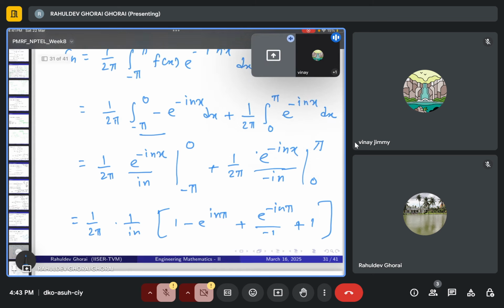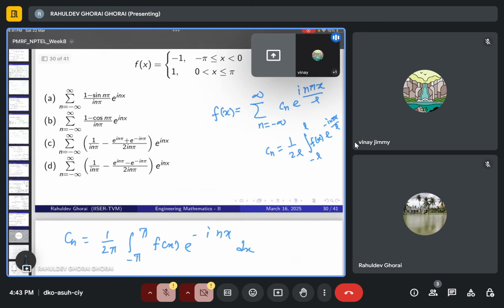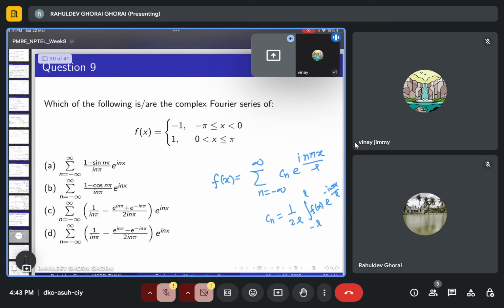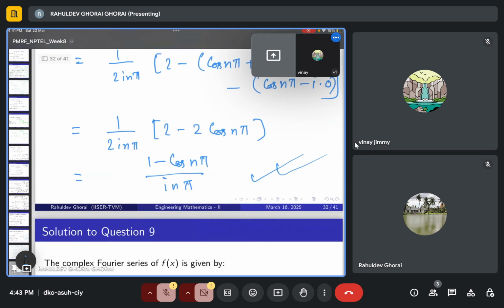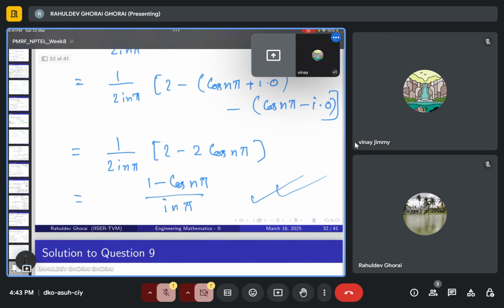What did you get, the value for Cn? Just put it in and you get whatever you want. Cn will be, see, then option B will be correct. Also, if you see it closely, B also, C also, these options are the same. Instead of cos n pi and sin n pi, they are writing in the i n pi form.